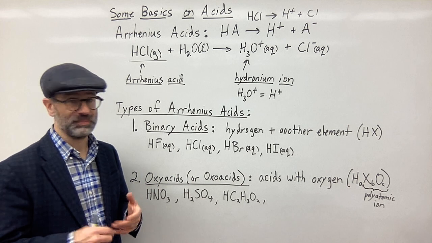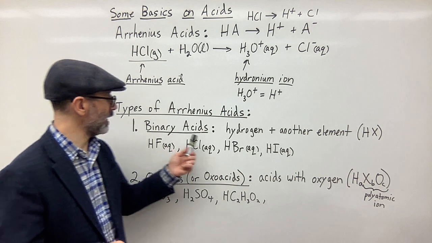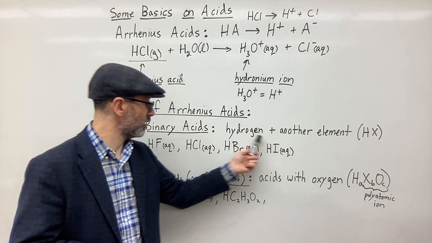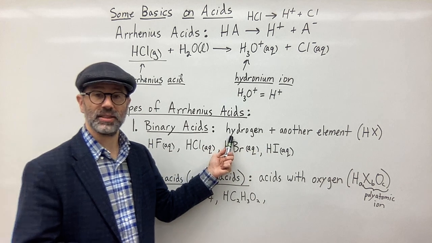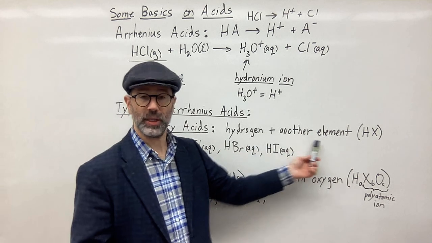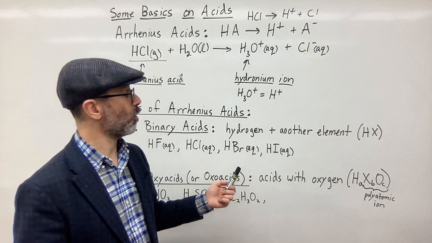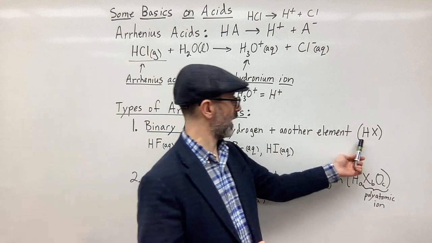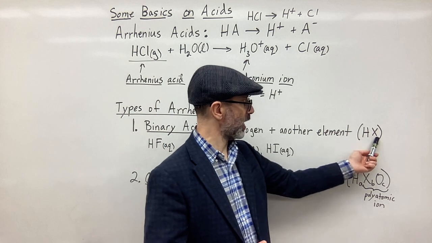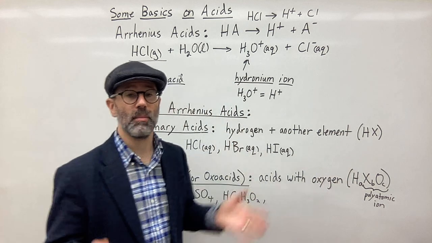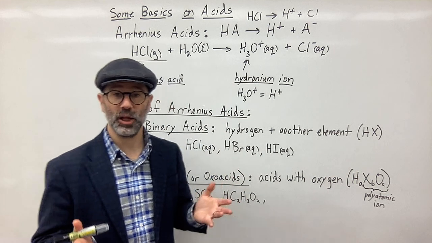is an acid. So the binary acids are going to have hydrogen as one of their elements, and then they have some other element, right? And so the generic formula for a binary acid is going to be H plus X, HX, X being some other element, whatever that element is.